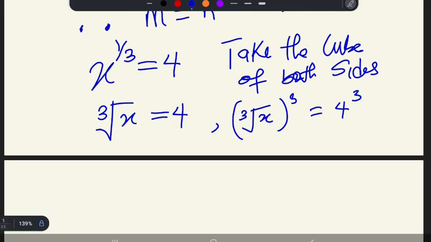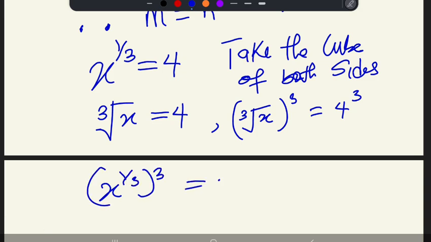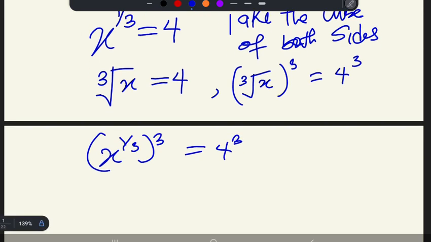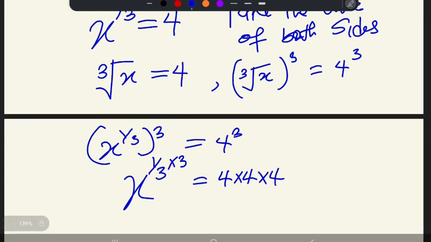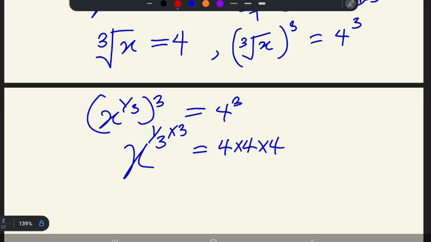So we now have x raised to power 1 over 3, times 3, is equal to 4 times 4 times 4. The 3 will cancel 3, so we have x equal to 64.